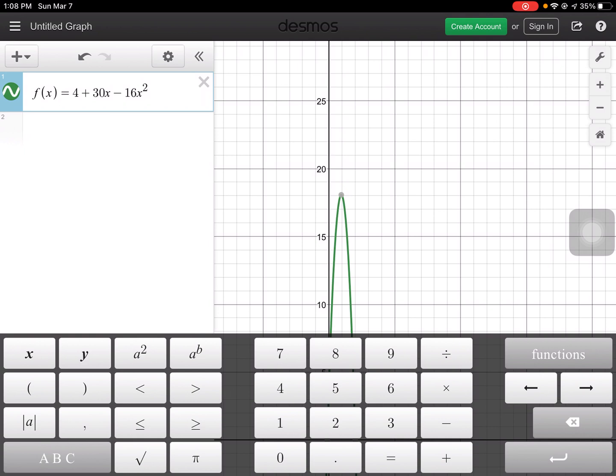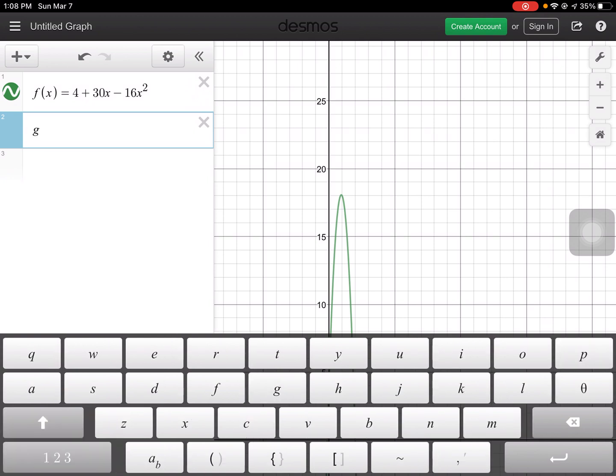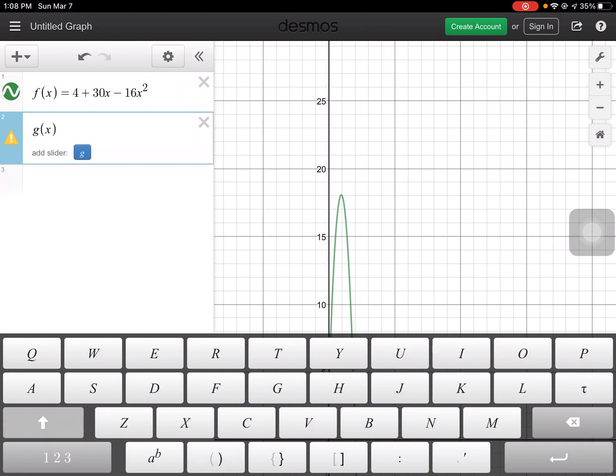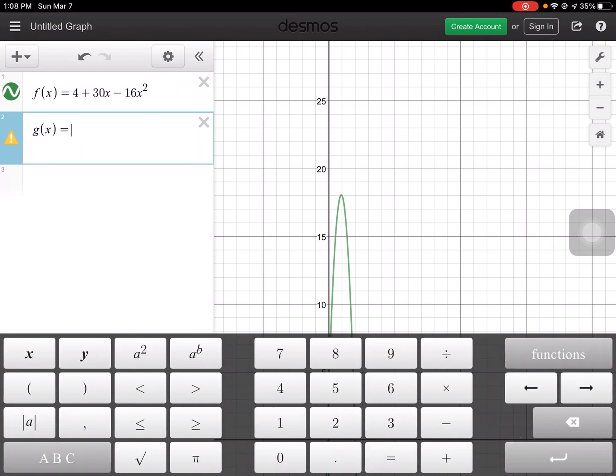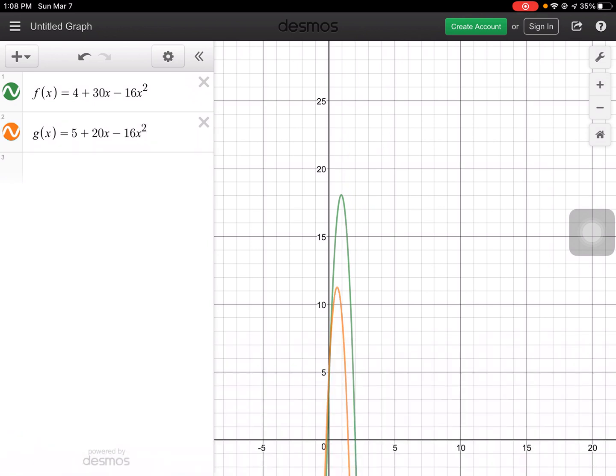So that green parabola is representing rock A, and then rock B, we can call that g of x. So we'll type into g, left parenthesis, then an x, then we'll go get the right parenthesis and go back over to our numerical keyboard. So we have g of x is equal to 5 plus 20x minus 16x squared. And so there they are, both of them.